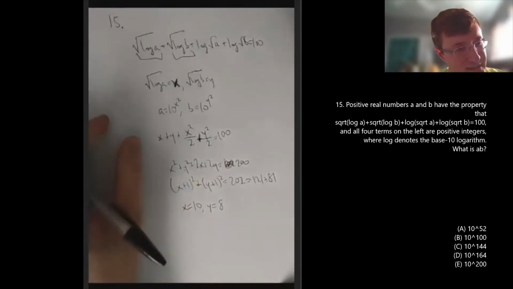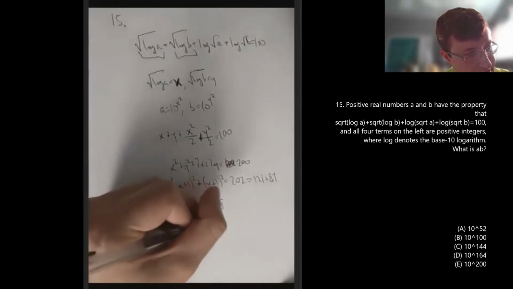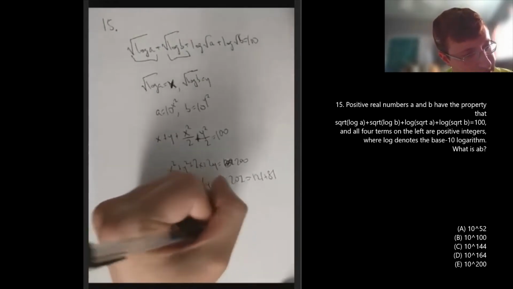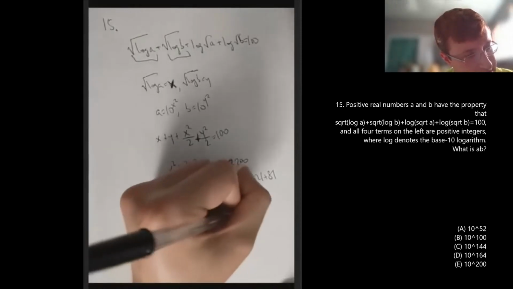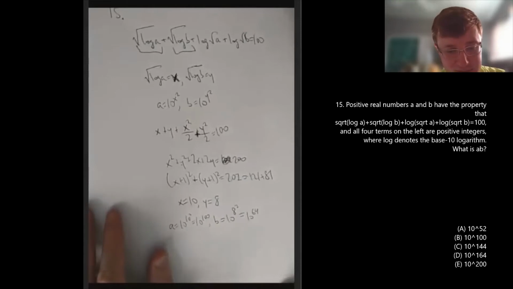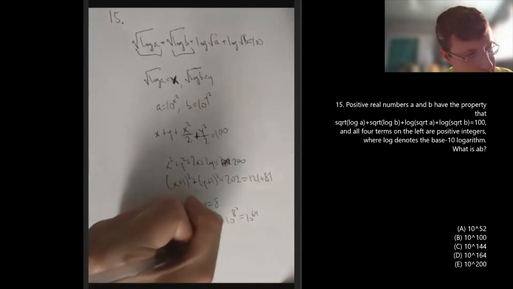Okay, 10 and 8. So a is 10 to the 10 squared, which is 10 to the 100th. And b is 10 to the 8 squared, which is 10 to the 64. So when you multiply them, you get 10 to the 164, which is d.